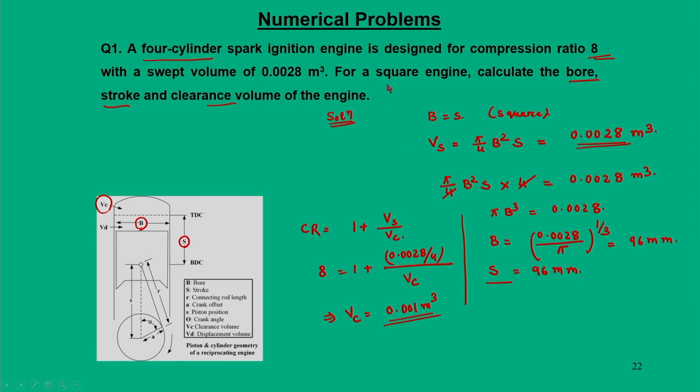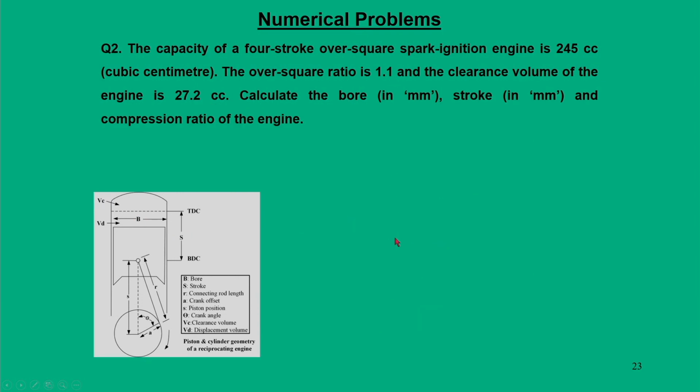This particular problem was given for a square engine. There is another similar problem, for an oversquare engine, where there is a definite ratio between B and S. For an oversquare engine, B by S is equal to 1.1. There is no mention of the number of cylinders, so you take the entire thing as Vs. From B by S we get S equal to B by 1.1.